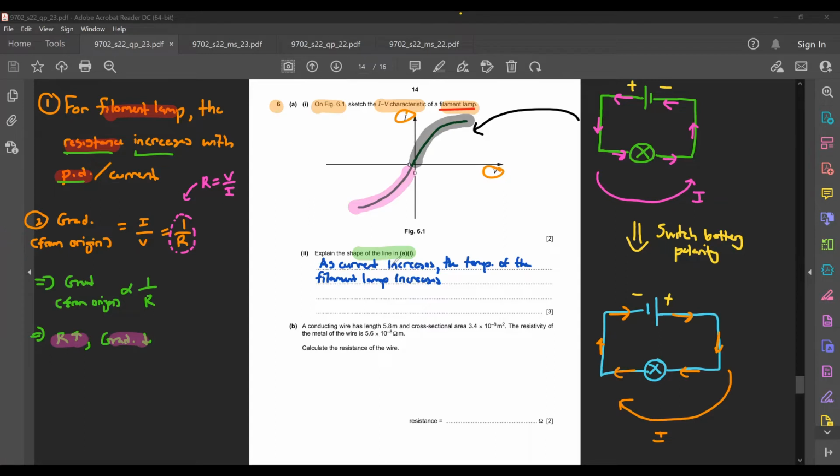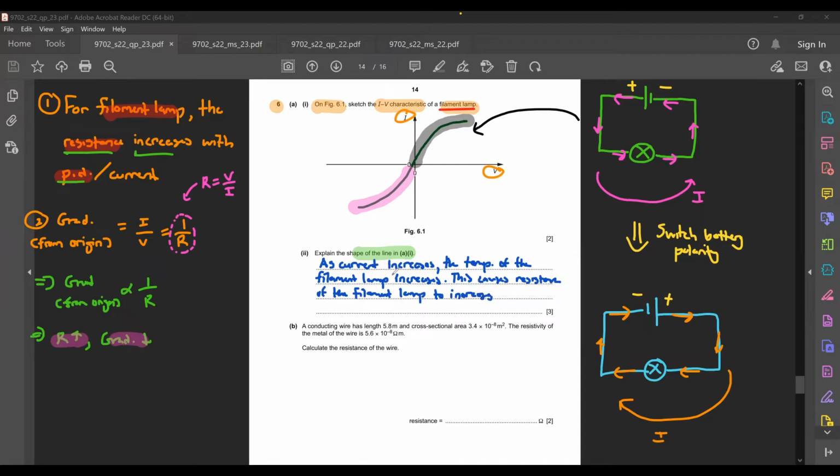Okay, when current increases, the temperature of the filament lamp increases. This causes resistance of the filament lamp to increase.